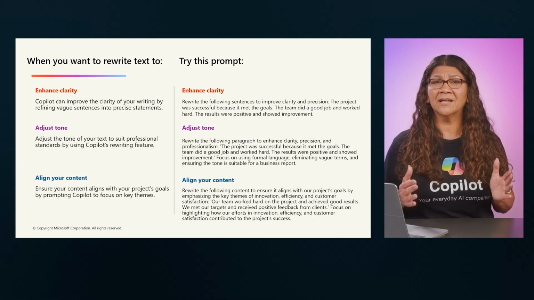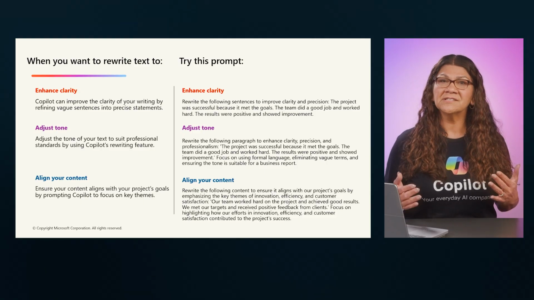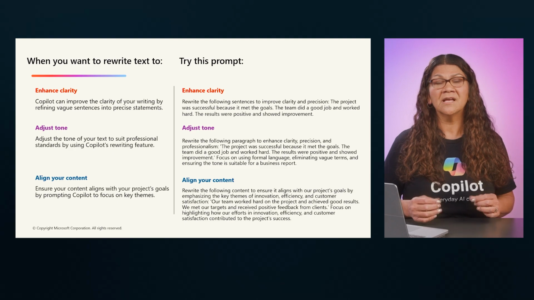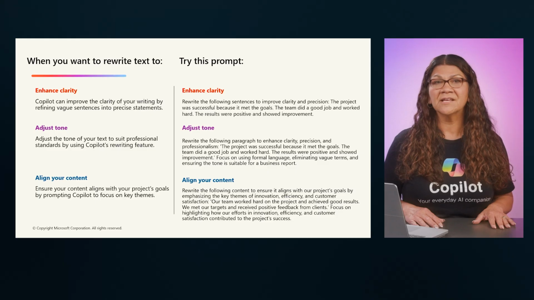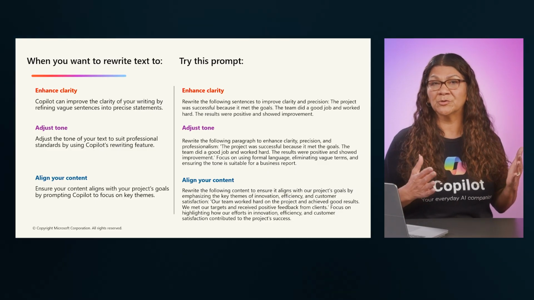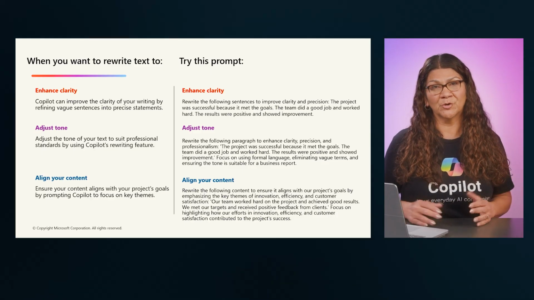Copilot can quickly elevate everyday writing by enhancing clarity, adjusting tone, and aligning content to specific goals. Instead of manually rewriting vague or inconsistent text, you can ask Copilot to turn rough drafts into precise, professional language that fits the audience and the purpose.